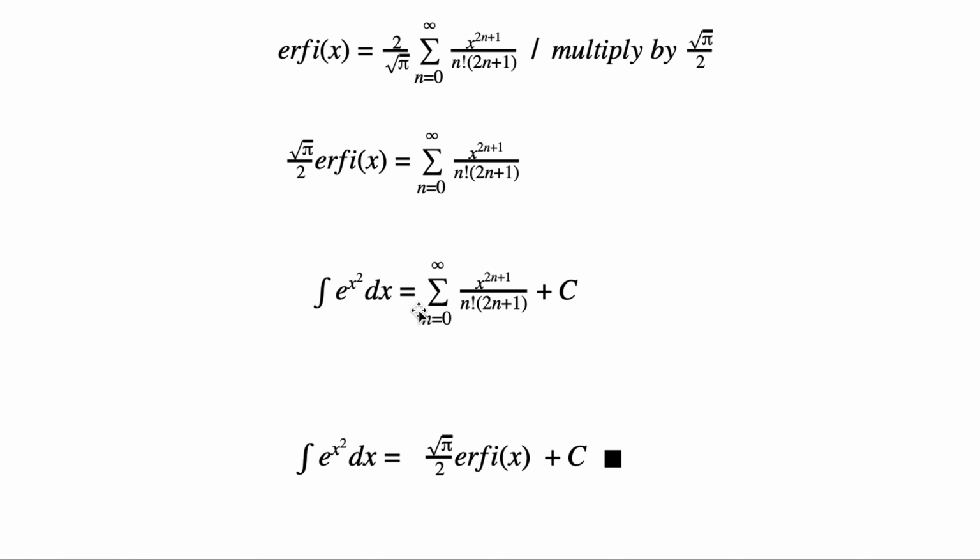So in the result for the integral of e^(x squared) dx, I am going to substitute this value, the square root of pi over 2 times the imaginary error function of x. Finally, we get the integral of e^(x squared) dx equal to the square root of pi over 2 times erfi of x plus c.